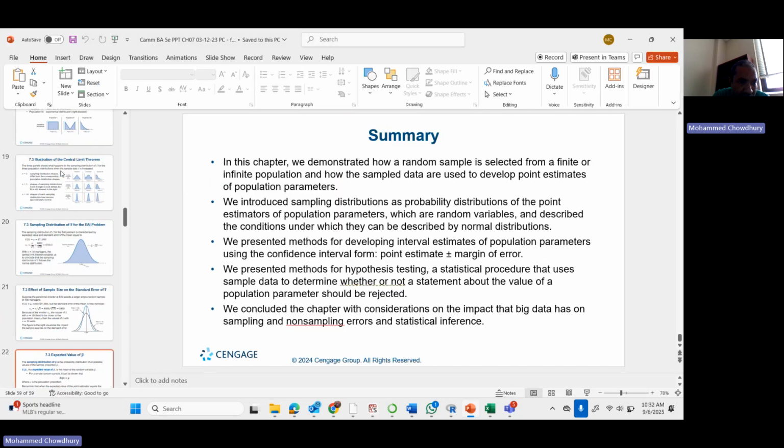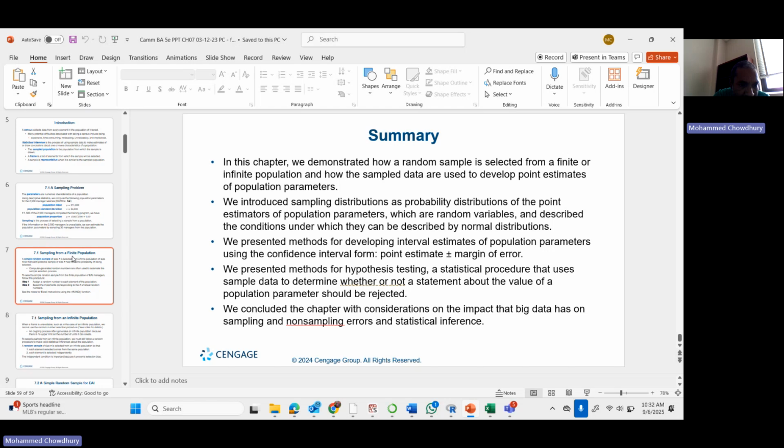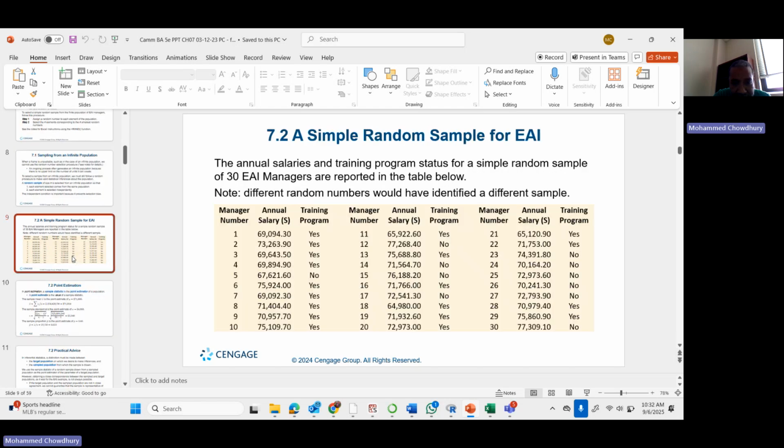In this PowerPoint slide, this is the data. See, annual salary is in there. If we find the average of this, we will get the mean salary of the managers.